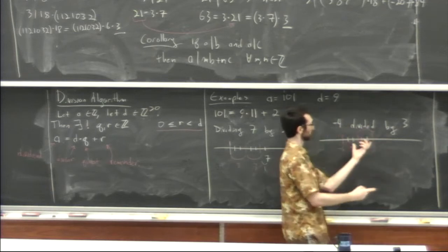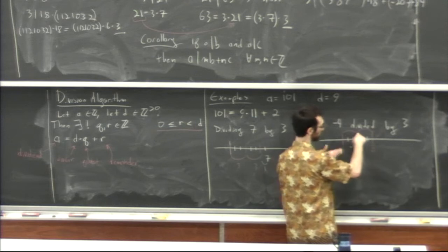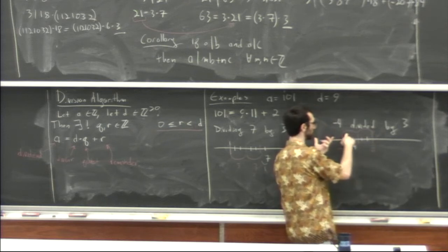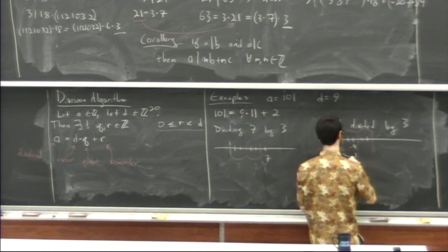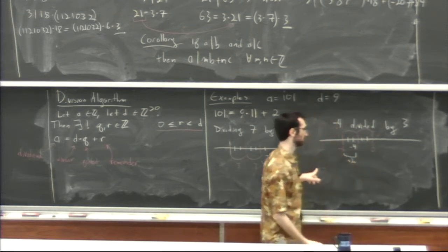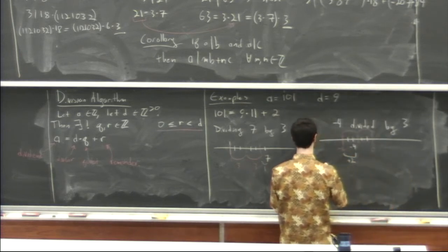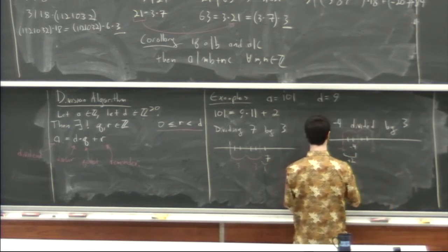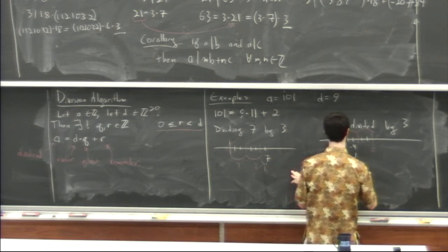We're selecting R so that it's always positive, which means that when I try to understand -4 divided by 3, I count down in multiples of 3. Here's -1 copy of 3, -2 copies of 3, and then I add 2 on the end. So, in other words, -4 is equal to -2 times 3 plus 2.